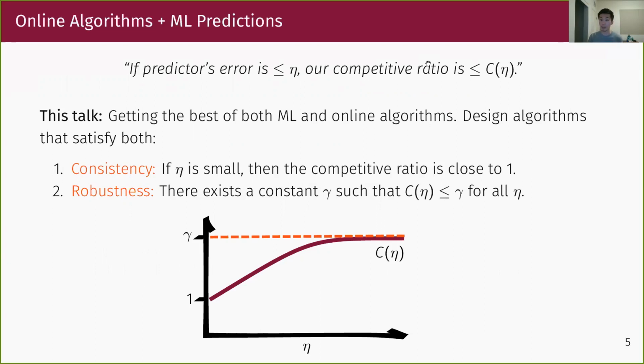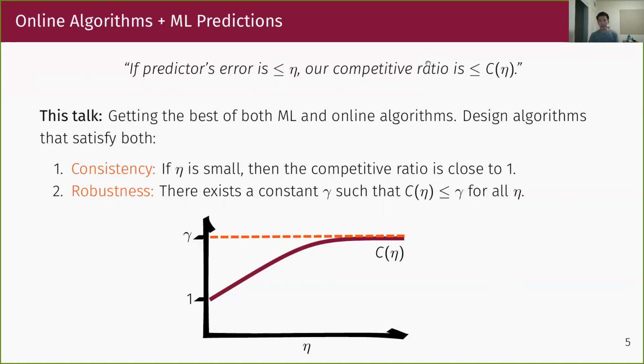In the most ideal case, this competitive ratio is close to 1. On the other hand, we also want robustness. This is borrowing from the classical worst case analysis of online algorithms, where we want to have a constant gamma so that C of eta is at most gamma no matter how large the error eta is.